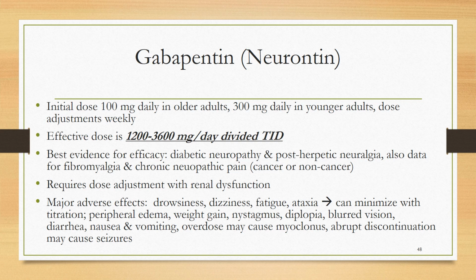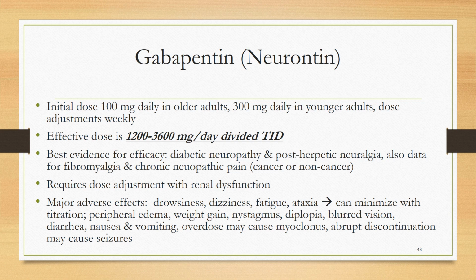Next, we have gabapentin, gamma-aminobutyric acid. It binds to the alpha-2 delta receptor of the spinal cord, and in that way it modulates pain. And so we start with an initial dose of 100 milligrams in older adults, 300 milligrams in younger adults, because this has side effects: drowsiness, dizziness, fatigue, ataxia.